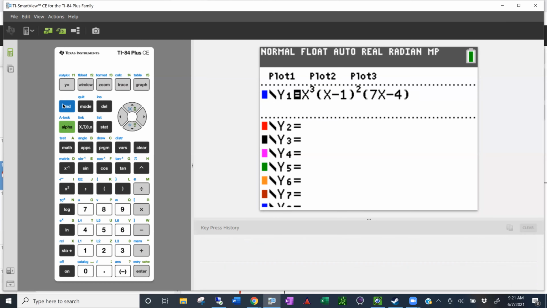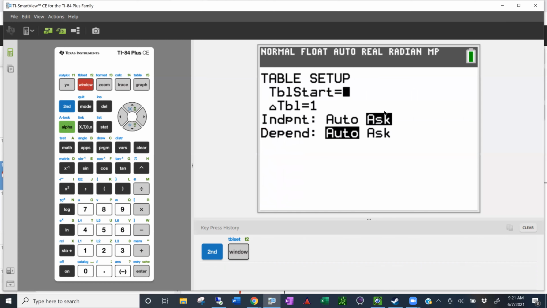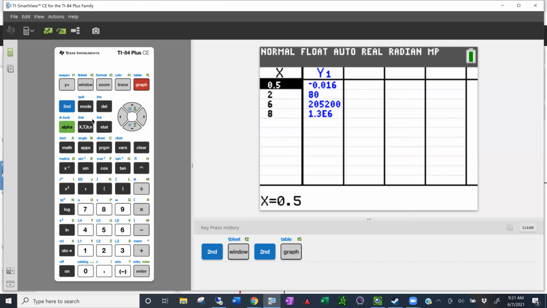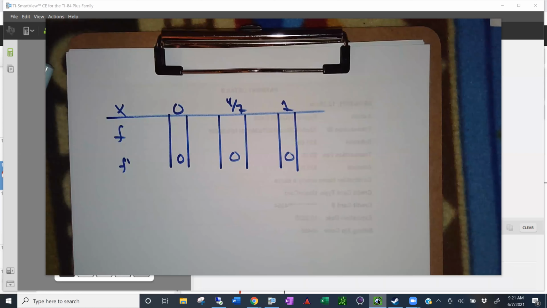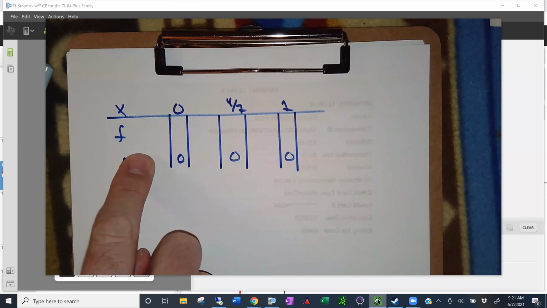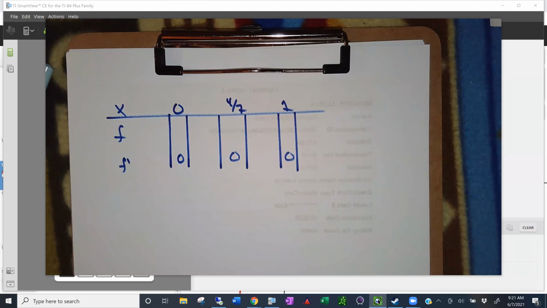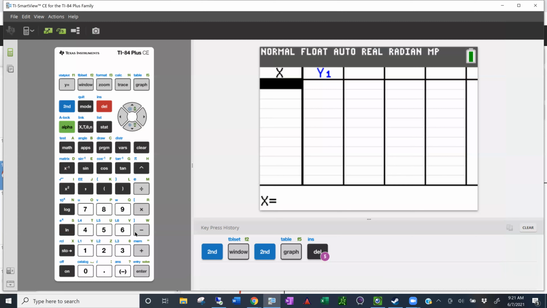Let's do a table here. Just to remind you, table setup should be set so that you have independent set to ask, dependent set to auto. I'll delete these values here. And now we need some test points. So what would those test points be? I need something to the left of 0. So -1 sounds like a good one. And then let's say 0.2.